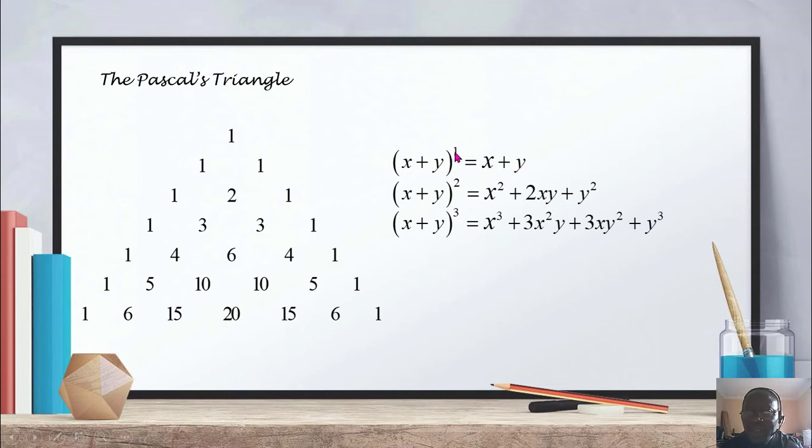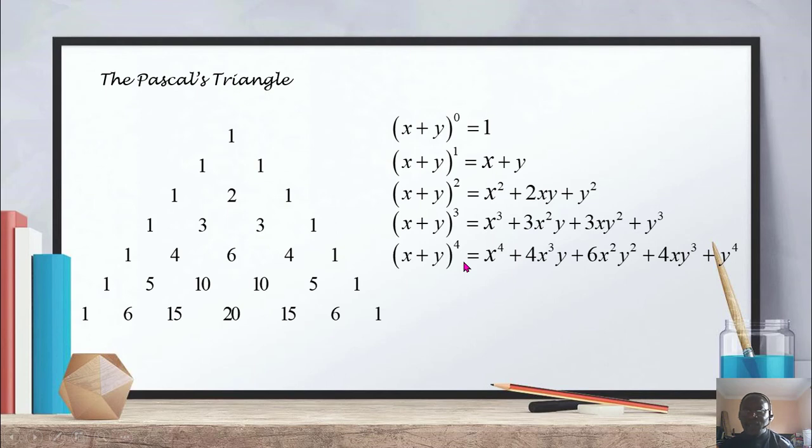The highest power of x is 1, so we've got 1 there, and here we're going to have x to the power 0, which will give us 1, and the powers of y will also be increasing, so we've got y to the power 0 there, which is 1, that's why we haven't written it, and then from 0 to the power of 1 there. Okay, this is the same way, x plus y raised to the power 0. This one we've got nothing much to say. We know that anything raised to the power 0 according to laws of indices is simply equal to 1.